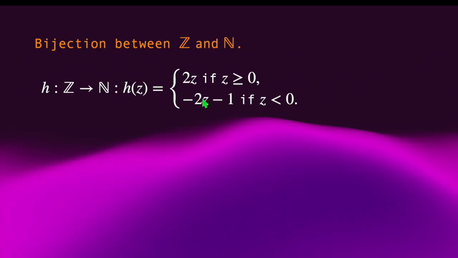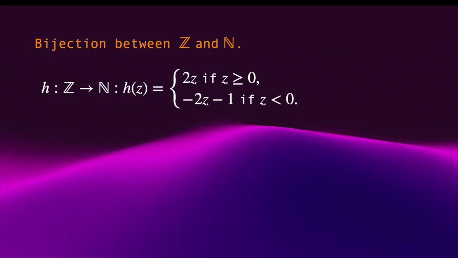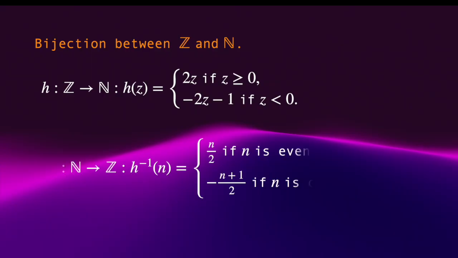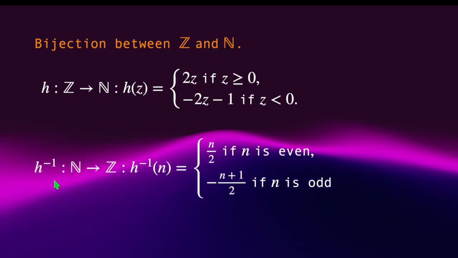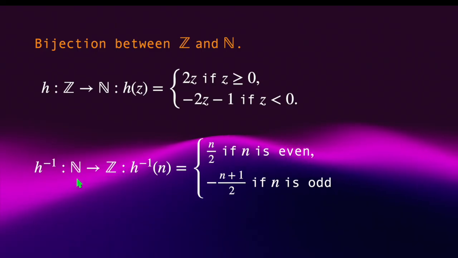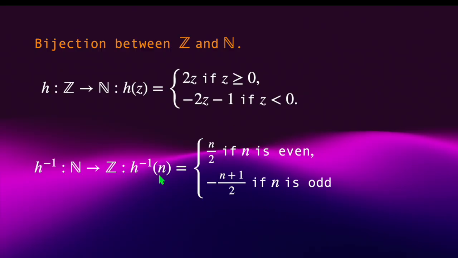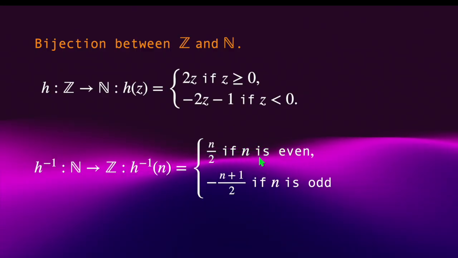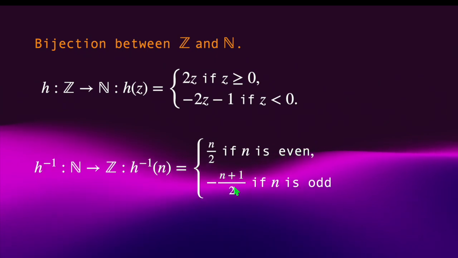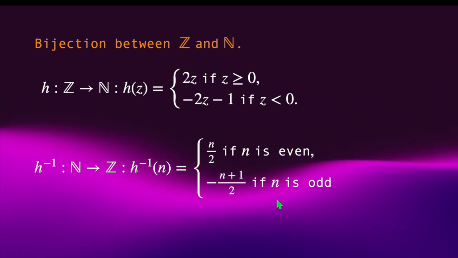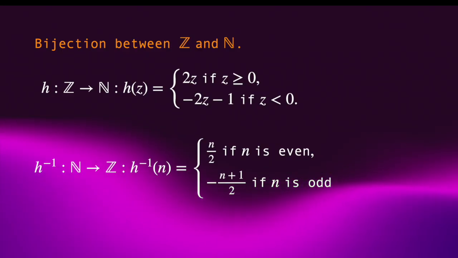It's easy to show that it is a bijection, and we can even compute its inverse, the map from N to Z, which associates n over 2 if n is even, and minus (n+1) over 2 if n is odd. So here we have a bijection between Z and N.